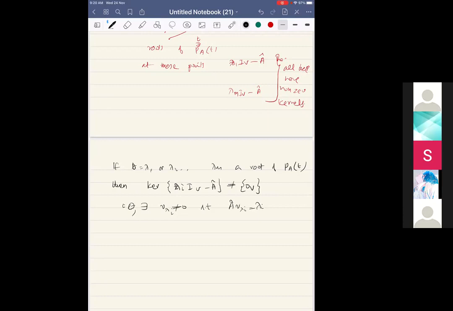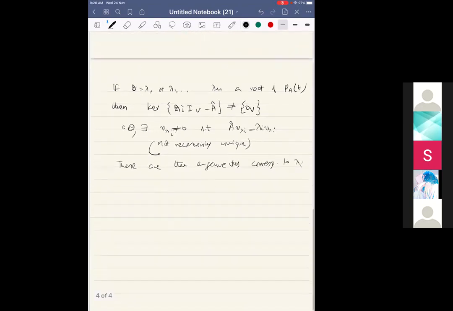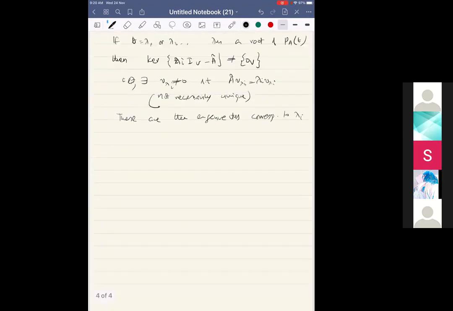There exists some v, not necessarily unique. These are called eigenvectors corresponding to lambda I. So I'm just revising everything that we did in the last class.